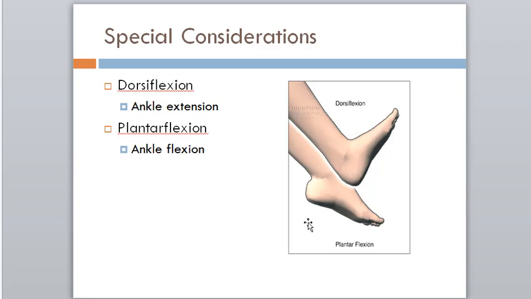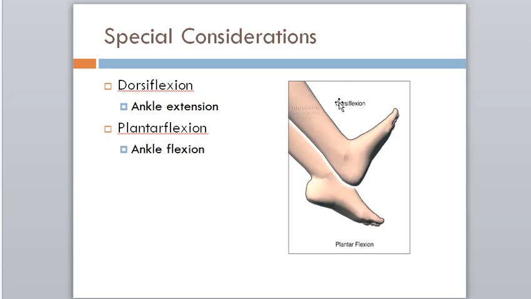Regardless if my toes come up or toes go down, depending upon how I look at this, I can say that these 2 points are getting closer together, but these 2 points are getting further apart, and vice versa. So you can see here, the heel got closer to the tibia, and the toes got further away. And then the opposite happened. So which one is flexion and which one is extension? So instead of trying to figure out which is flexion and which is extension, both of them are referred to as flexion.